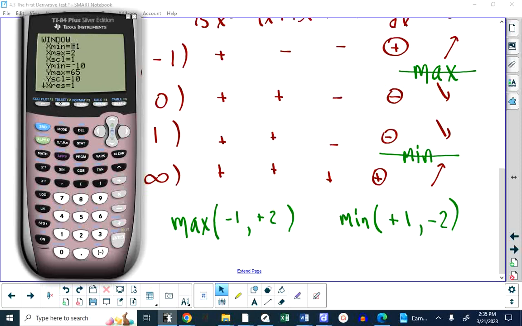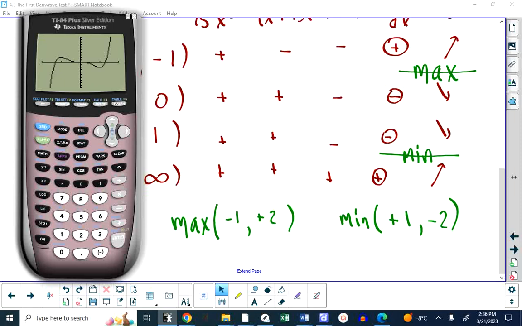So I'm going to go from negative 2 to 2, up by 1, and negative 10 to 10, up by 1 for y. It's a perfect 180-degree flip around the origin.